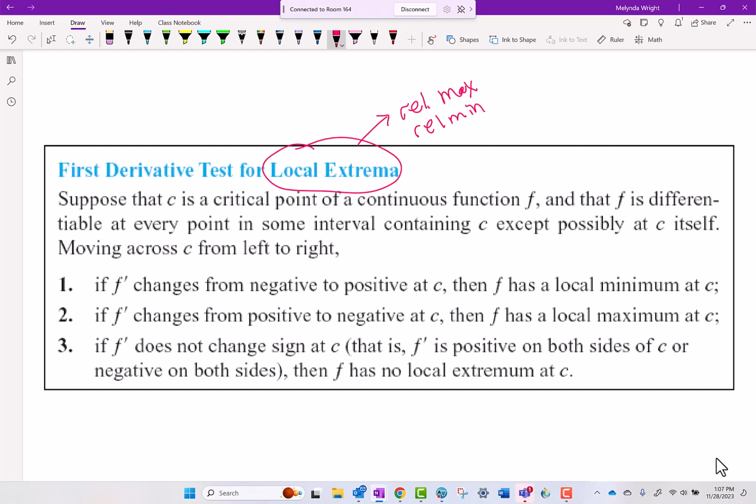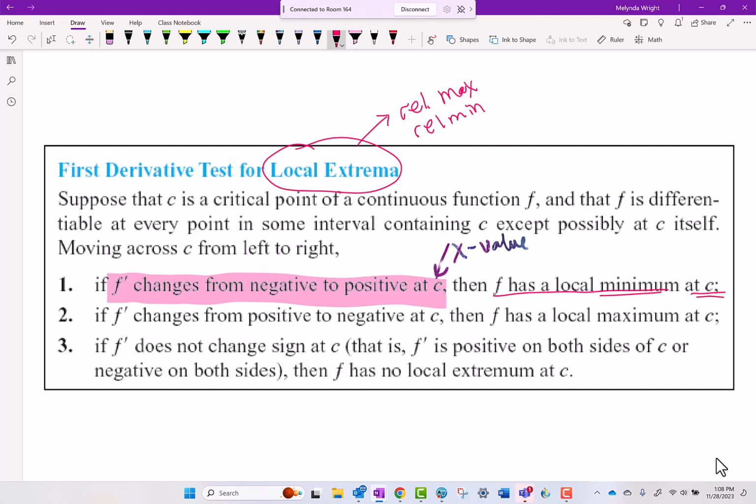The first part is if f prime changes from negative to positive at a point, and we're looking at this x value, c is an x value, okay? So if f prime changes from negative to positive at that x value of c, then f has a local minimum at that x value c.